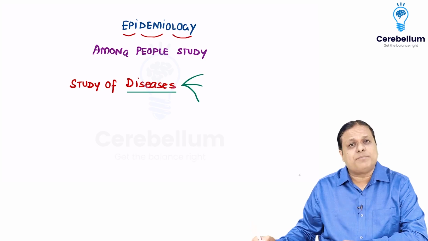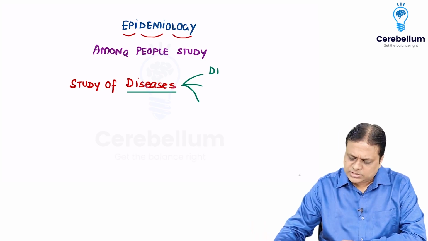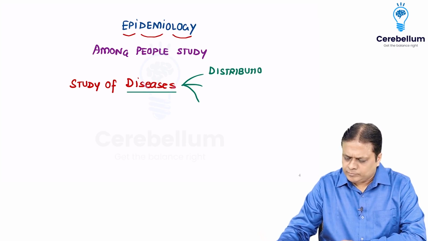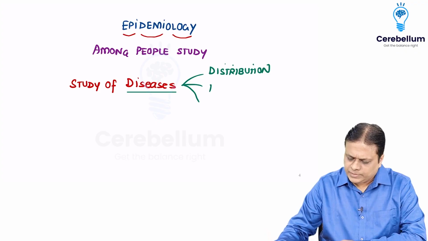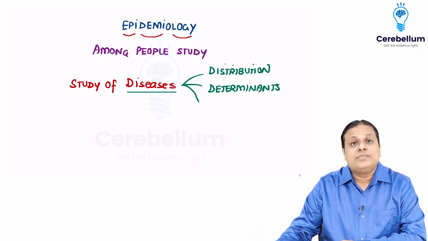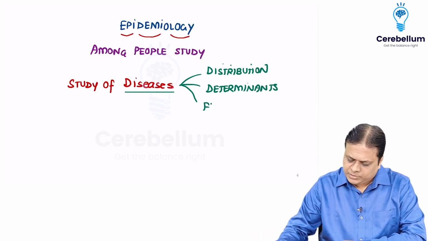What are these three separate parts? This includes distribution, determinants, and frequency. Now, distribution of disease.